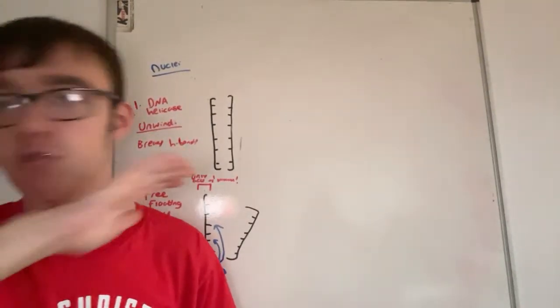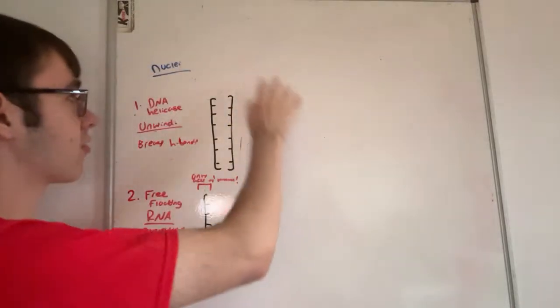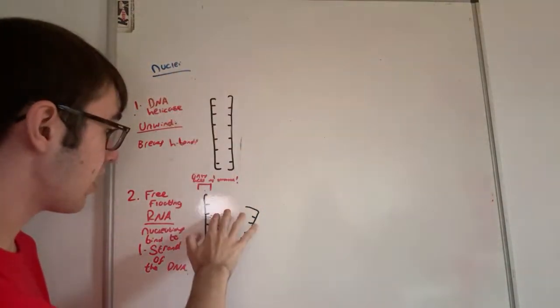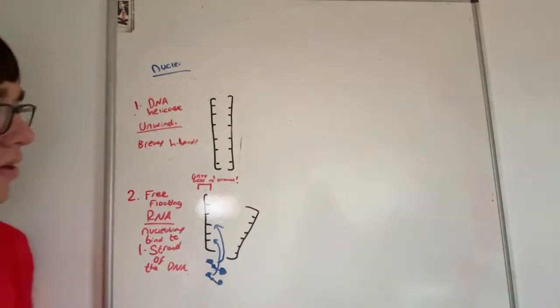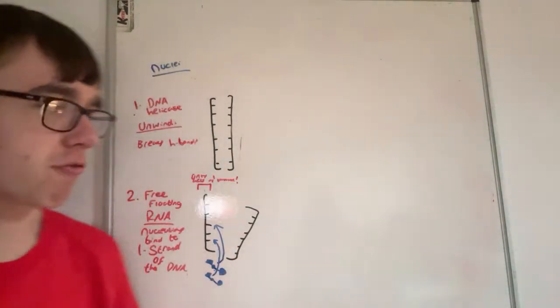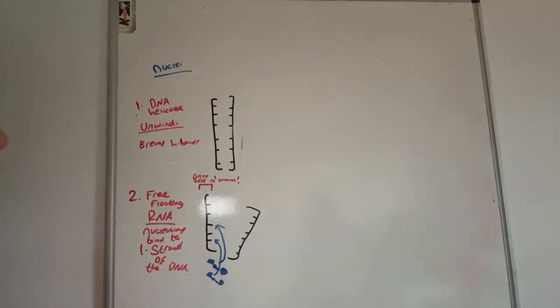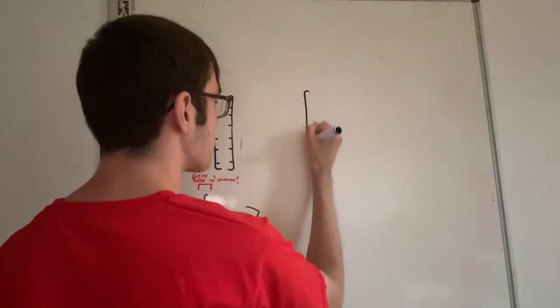That is a giant thing you need to get in your heads. In DNA replication, both strands act as a template. In transcription, one strand acts as a template. That is the difference between like 3 or 4 marks, to be honest. It's that big. Okay. So, now what we have is something like this.